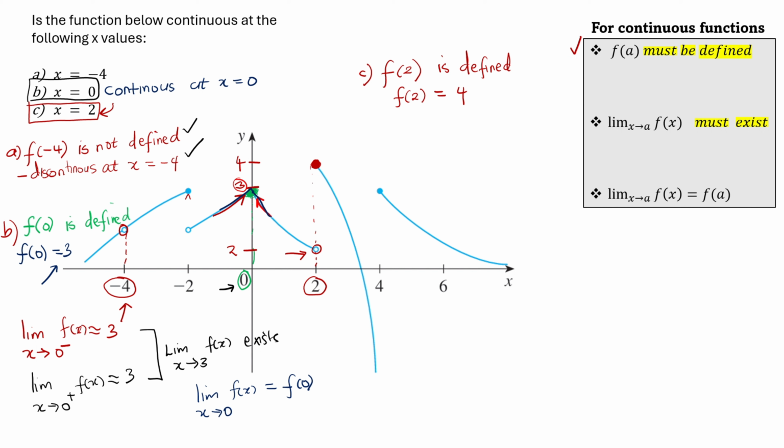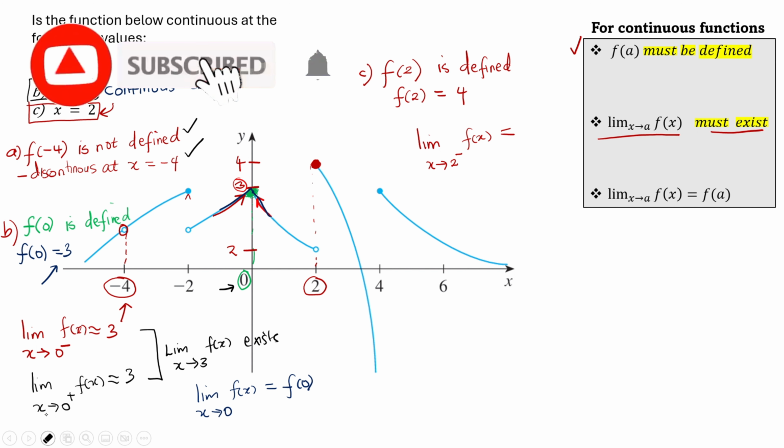What about the second condition? The limit as x approaches a must exist. So in this case, the limit as x approaches 2 must exist. Does the limit exist in this case as x approaches 2? Let us evaluate that. So now the limit as x approaches 2 from the left of this function, what is it going to be? If we're going to approach 2 from the left of this function, we're just going to take this path and approach 2 from the left.